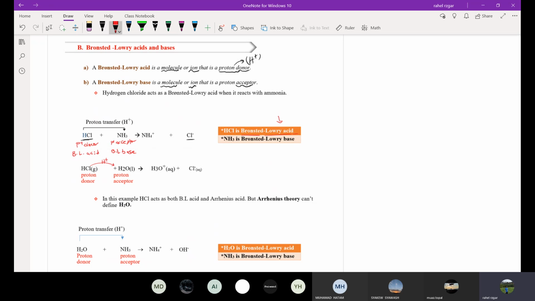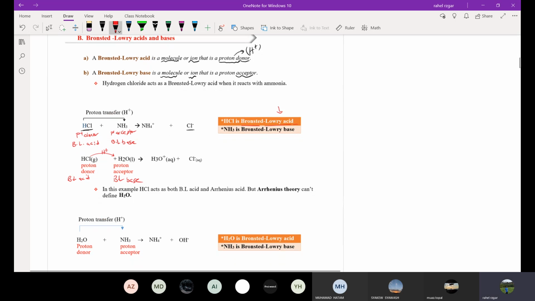H2O is a proton acceptor. Then HCl is a Bronsted Lowry acid. Then H2O is a Bronsted Lowry base. Okay? So in this example, HCl acts as both a Bronsted Lowry acid and an Arrhenius acid.